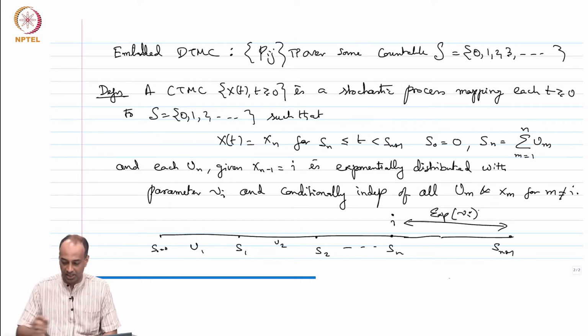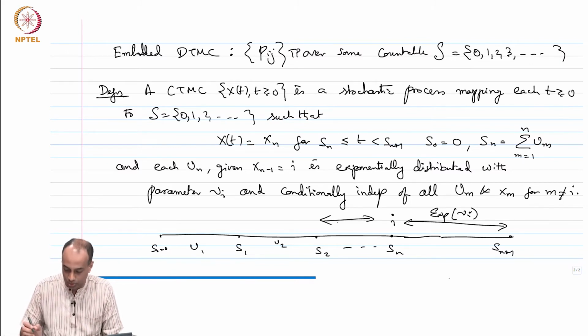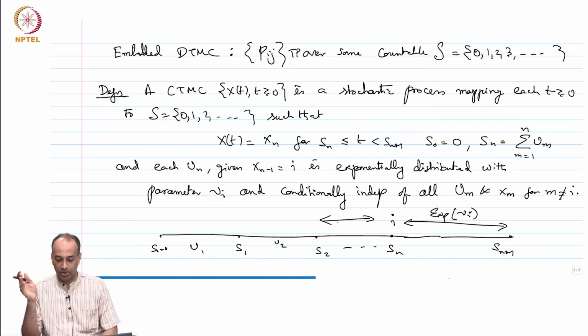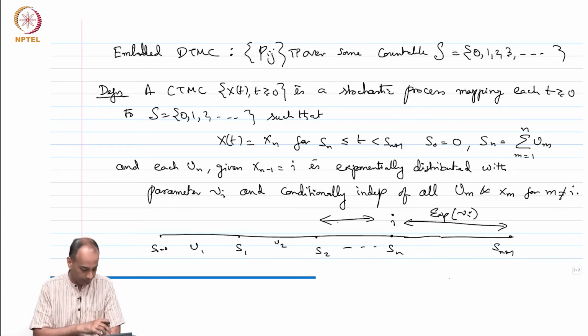This exponential random variable is independent of the other u's, and conditioned on Xn equal to i, it is also independent of the other Xi's. That is what a CTMC is.